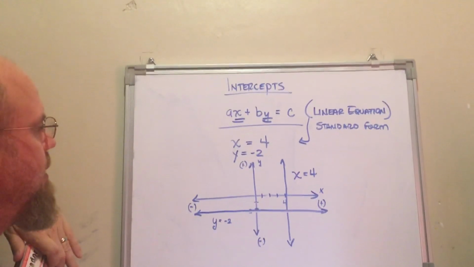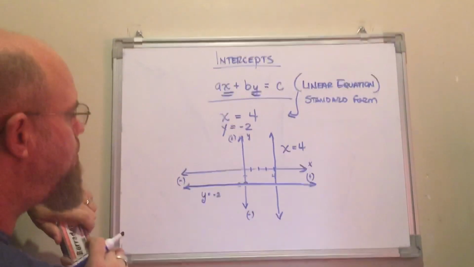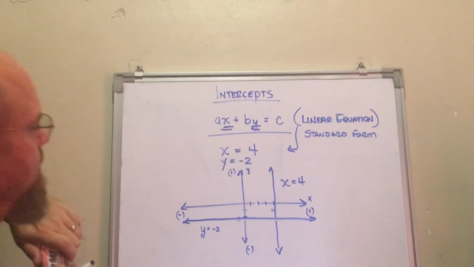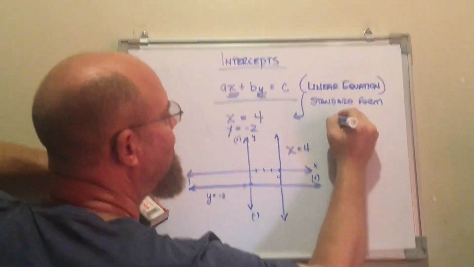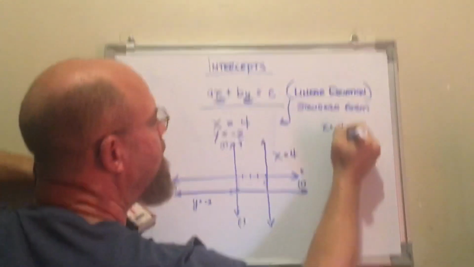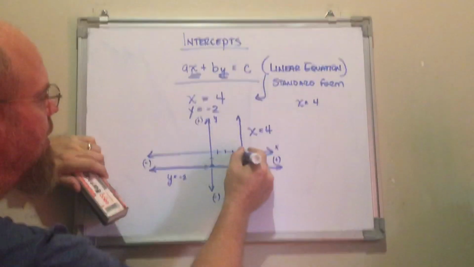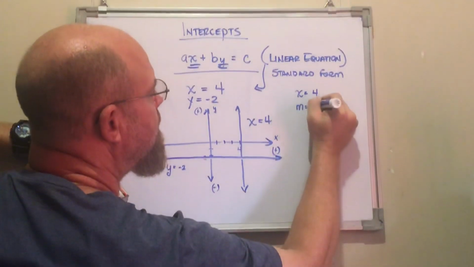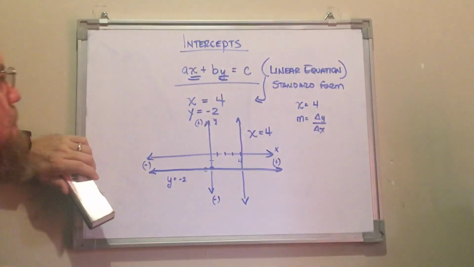Okay? Now, what is the slope of each one of these lines? That's a really good question. So let's look at x equals 4. All right? So we know that slope equals change in y over the change in x.